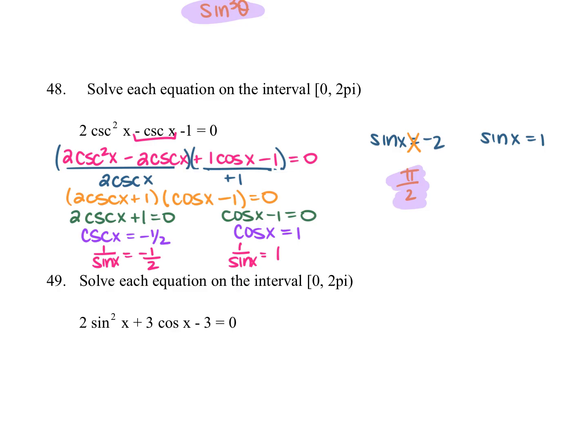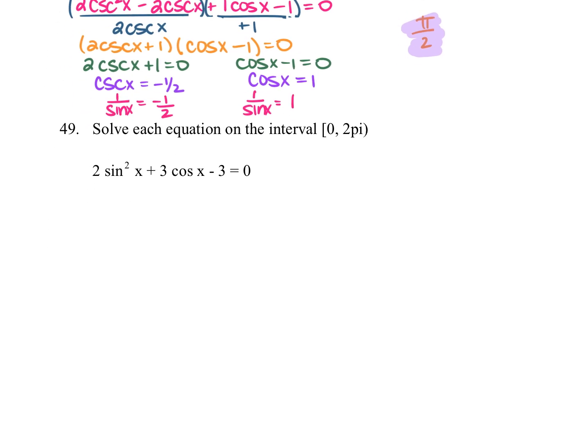Next, we're looking at number 95 on our review. This is that 2 times sine squared x plus 3 cosine x minus 3 is equal to 0. We are going to rewrite this sine squared x as 1 minus cosine squared x. So it's going to be 2 times 1 minus cosine squared x plus 3 cosine x minus 3 is equal to 0.